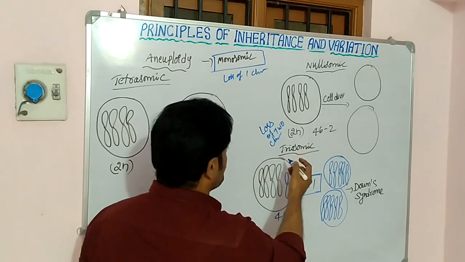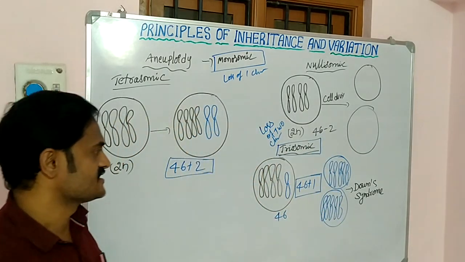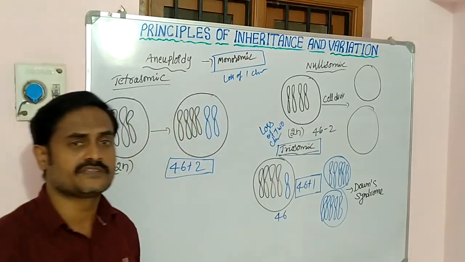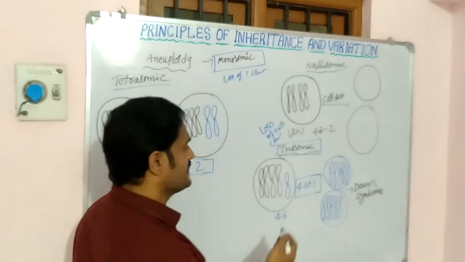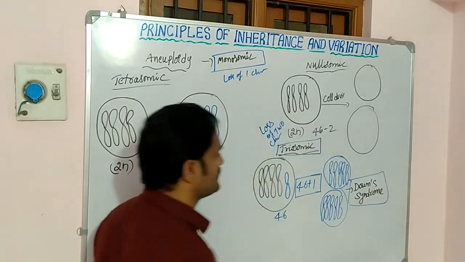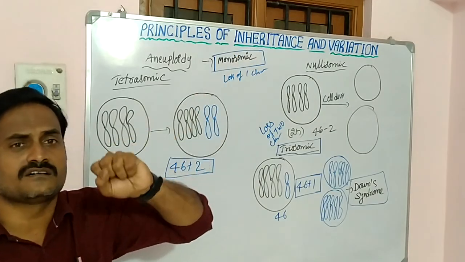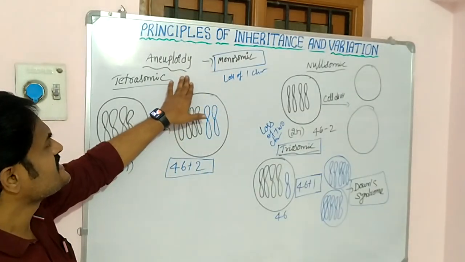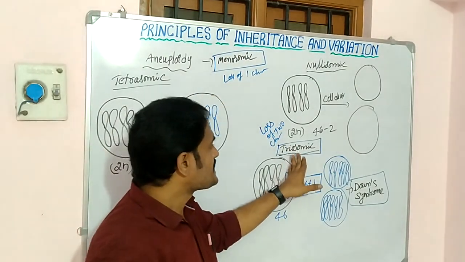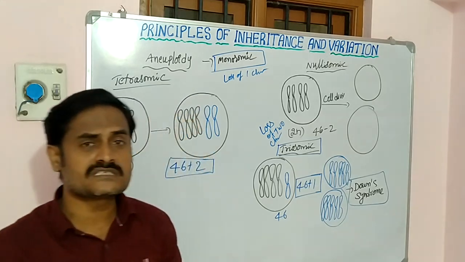Okay, coming to the third one, called trisomic condition. Here what will happen? Addition of one chromosome in the daughter cell. So this condition causes Down's syndrome. Remember, very important. Monosomic condition causes which disease? Turner's syndrome. And trisomic condition causes Down's syndrome.